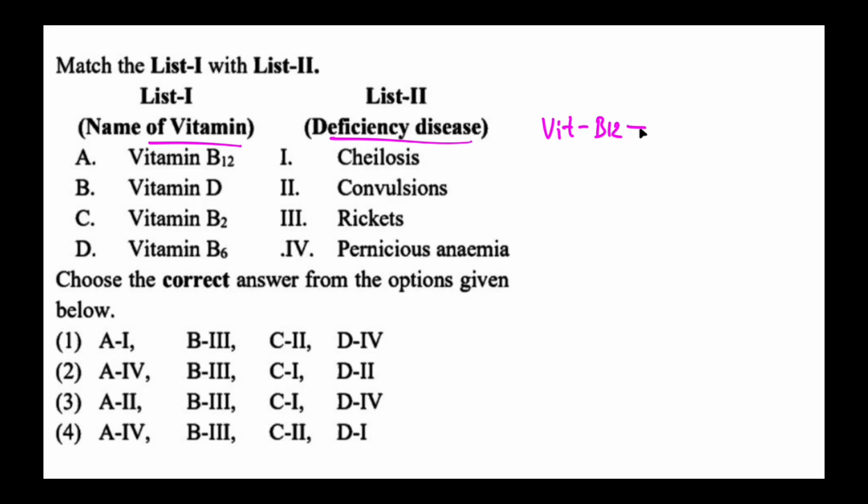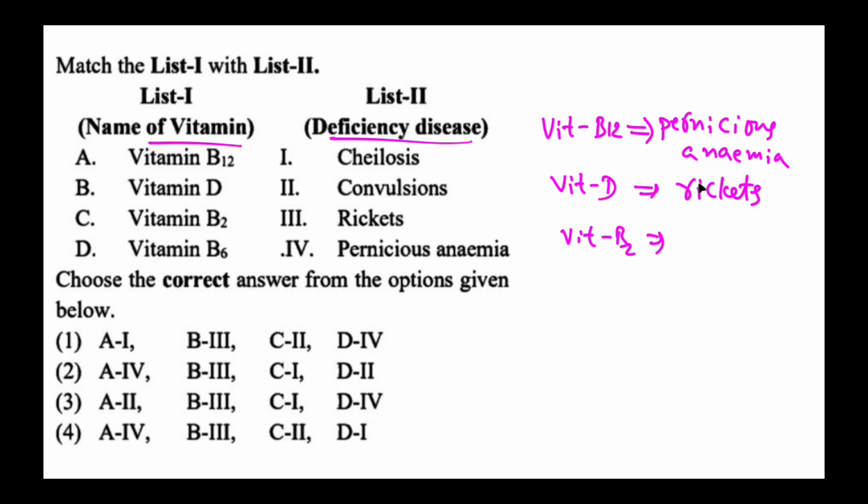So the deficiency of vitamin B12 causes pernicious anemia. Then vitamin D deficiency causes rickets in children, osteomalacia in adults.